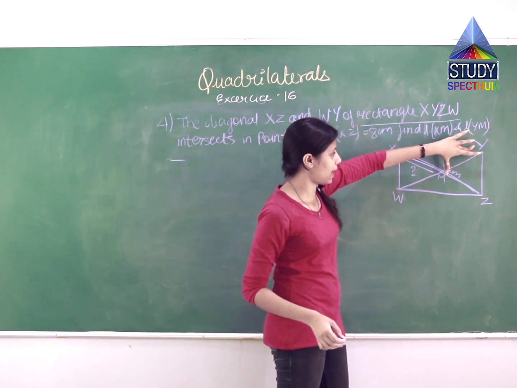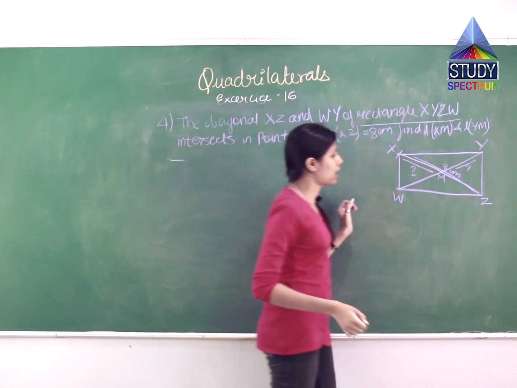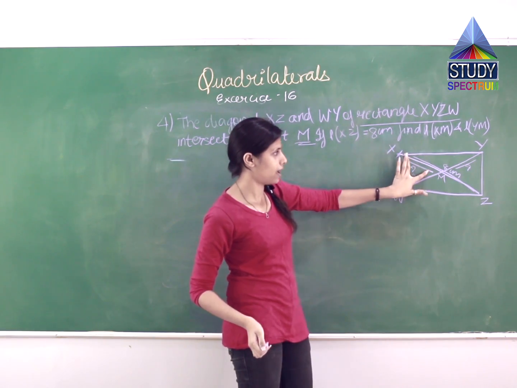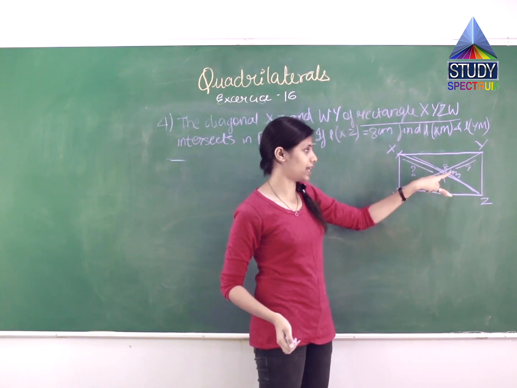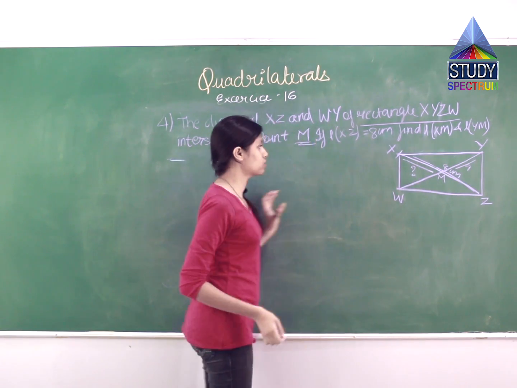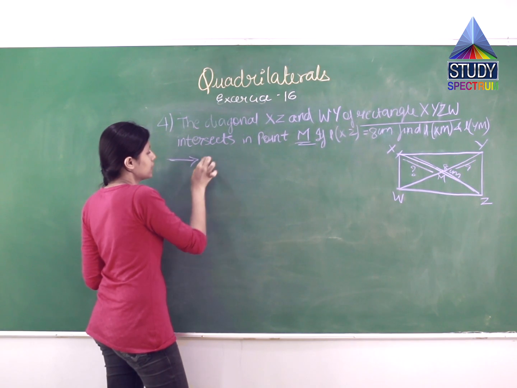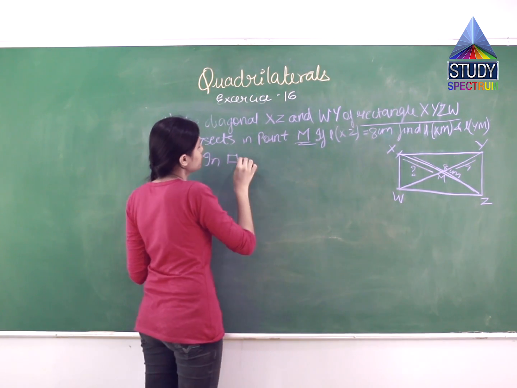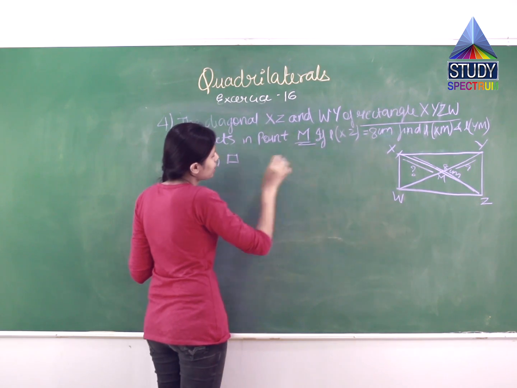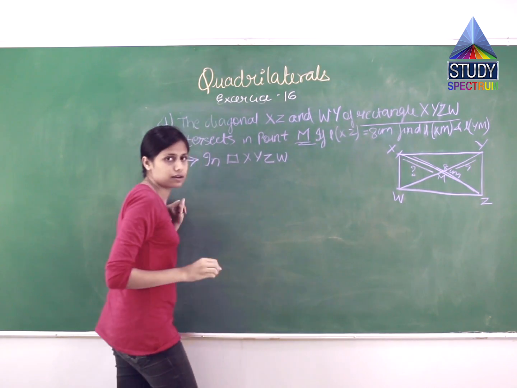Y is over here and M over here. They are asking you to find XM and YM, where the length of XZ is given as 8 centimeter. So first we will copy down the information given in the question. So in rectangle, what is the name of the rectangle? XYZW. This is a rectangle.